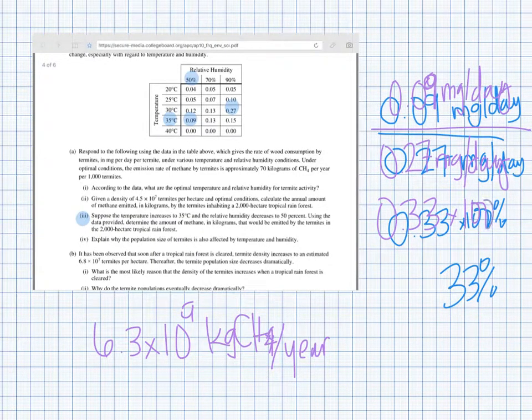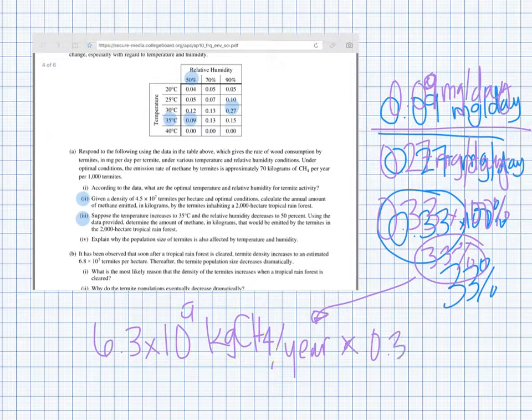So 33% of our original calculated amount that came from problem number 2 of A will give us our total. If I multiply by this decimal number, it's going to give me the ratio of that original amount.